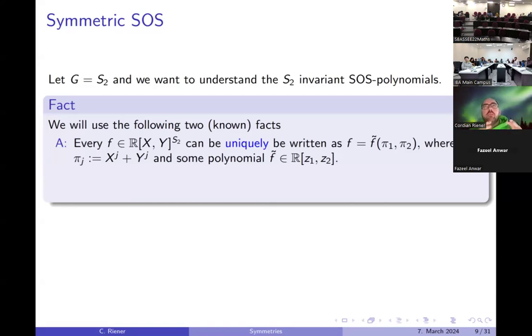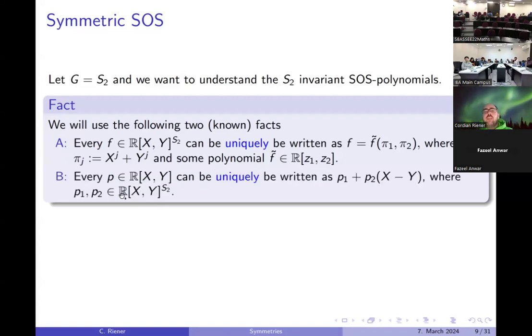So I find a new polynomial f twiddle that is uniquely determined, in two variables z1 and z2, such that whenever I plug in p1 and p2, I get my original polynomial f back. Okay, that was the invariant theory part.